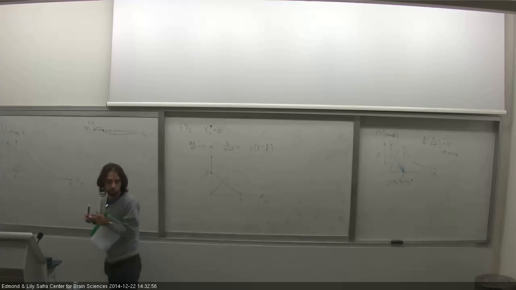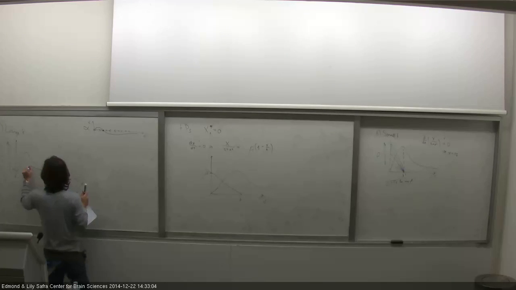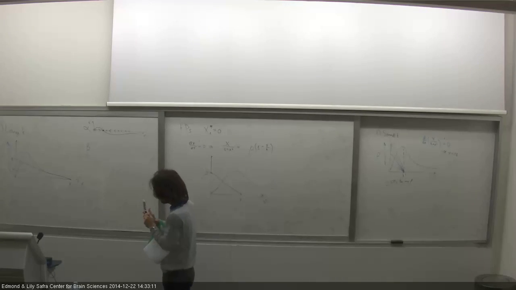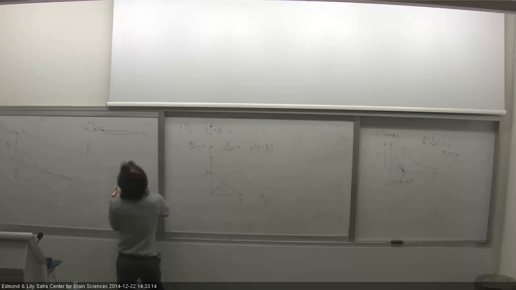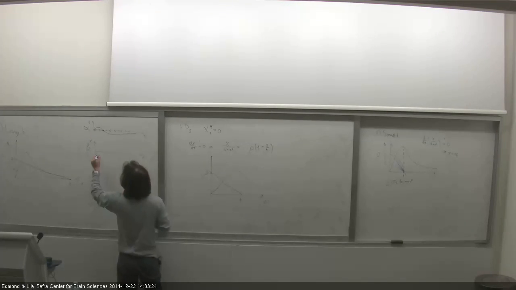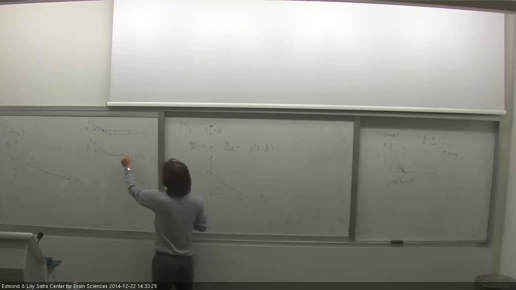If we increase rho a bit, we will get to a critical point where we have two intersections. We'll call this beta. Okay, so here we have a half-stable fixed point.